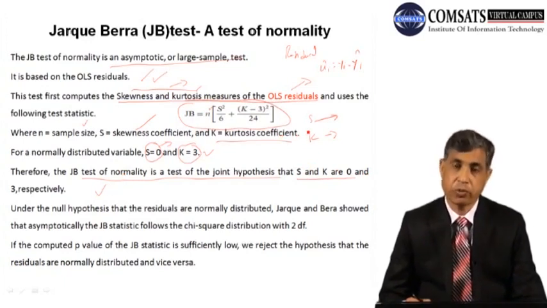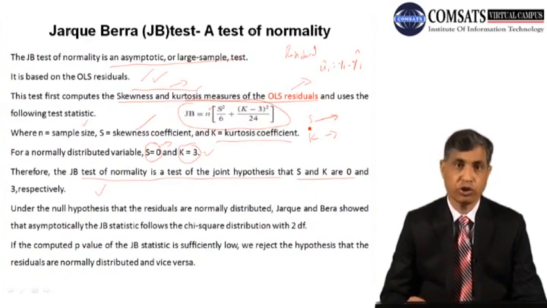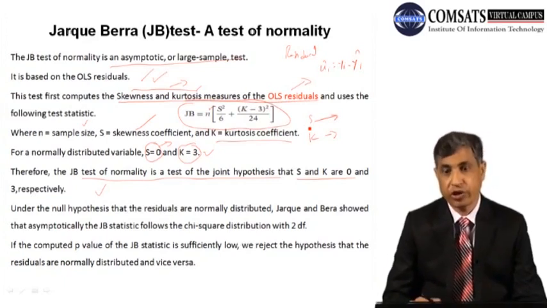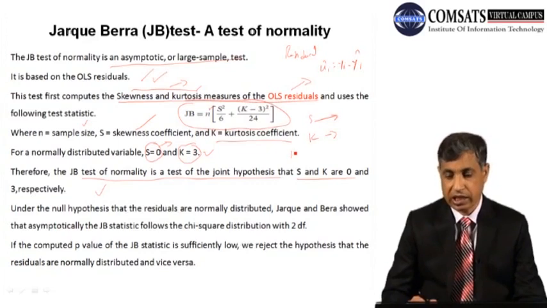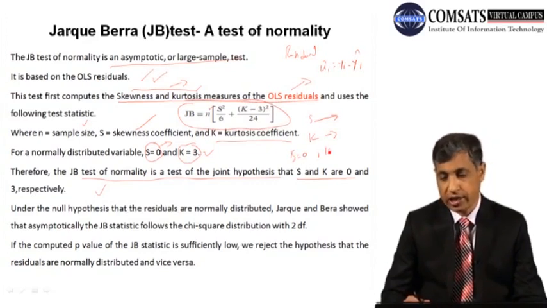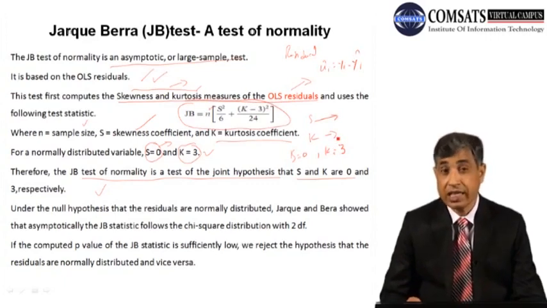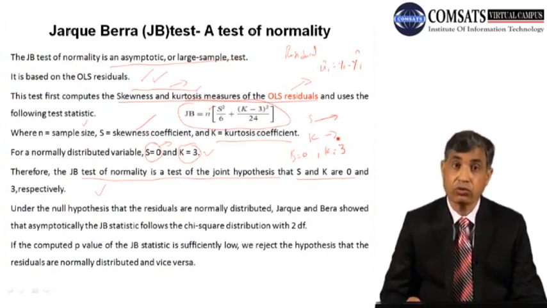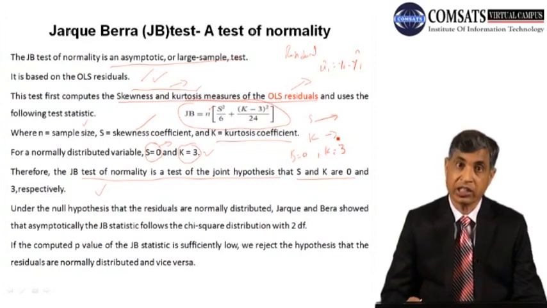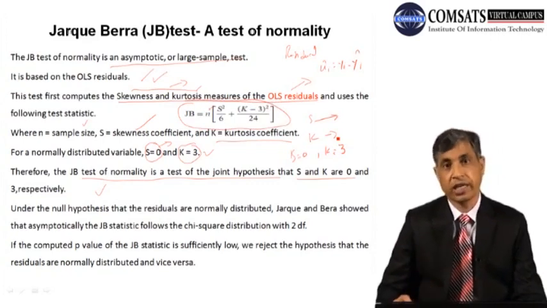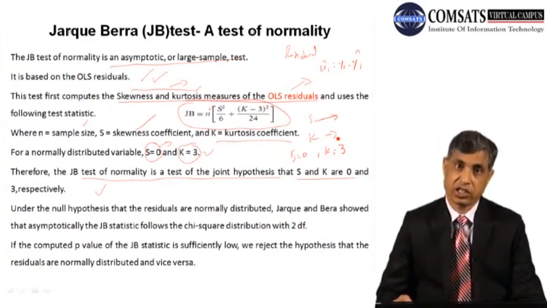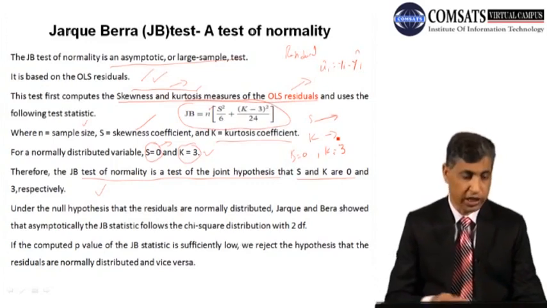Because for a normally distributed variable, skewness should be equal to 0 and kurtosis should be equal to 3. So the Jarque-Bera test simultaneously tests these two assumptions, that S is equal to 0 and K is equal to 3.